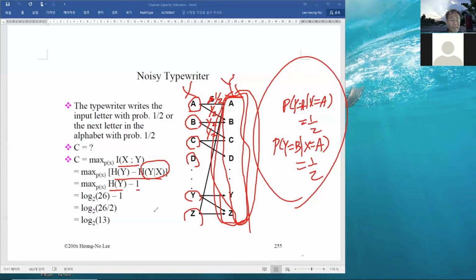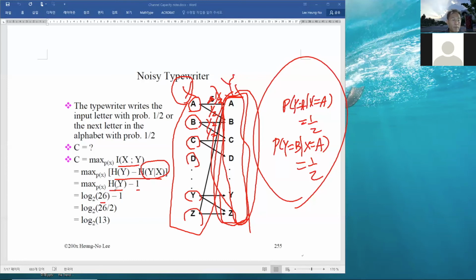Then the question is, how do you make the output y equiprobable, so all 26 occur equiprobably? That is the case when you make x equiprobable. Okay, so that's how you achieve the capacity.